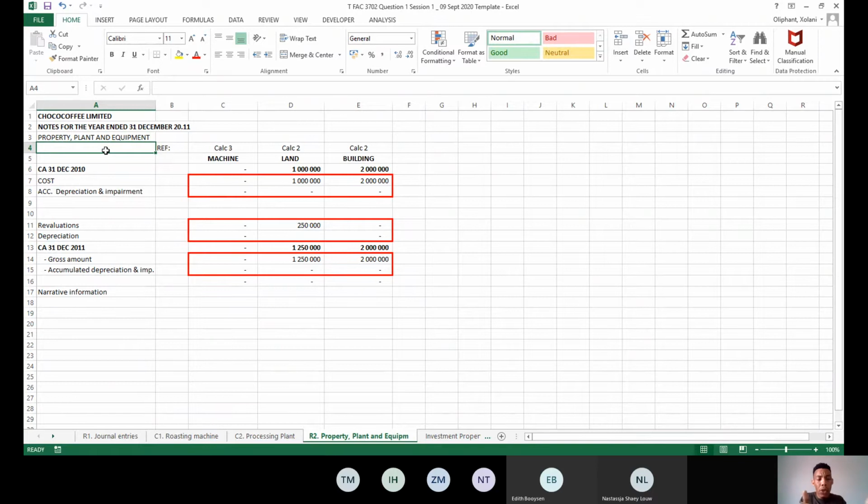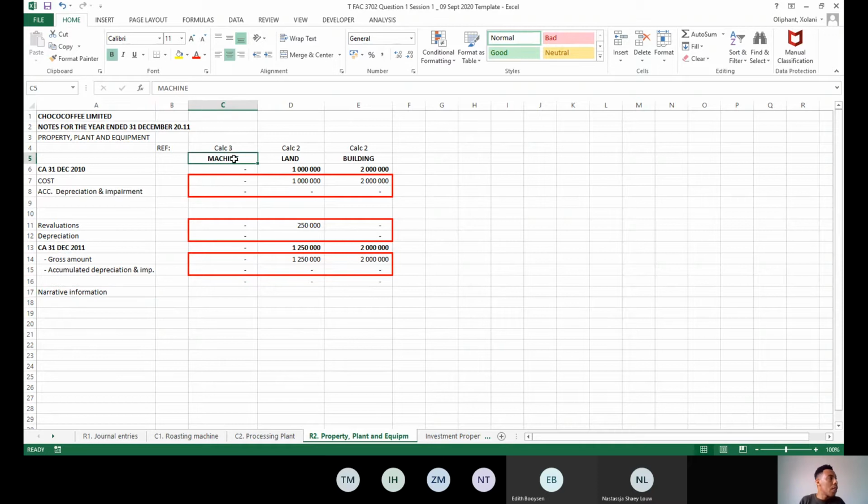Because remember, in your financial statements, you will have various notes that make up your statement of financial position, and that also make up your statement of profit or loss and other comprehensive income. So this would have been the skeleton that I would have drafted, right? But also do not forget about the narrative information that can earn you easy marks, but we're going to show that to you later on in the question.